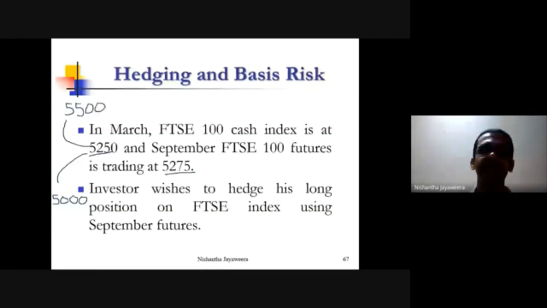What do you mean by hedging? Irrespective of this price, whether it's 5,500 or 5,000 or 6,000 or 2,000, your value should remain at 5,250. You should not make a gain or a loss. Once you hedge your position, if it is a perfect hedge, the value of your asset won't change.